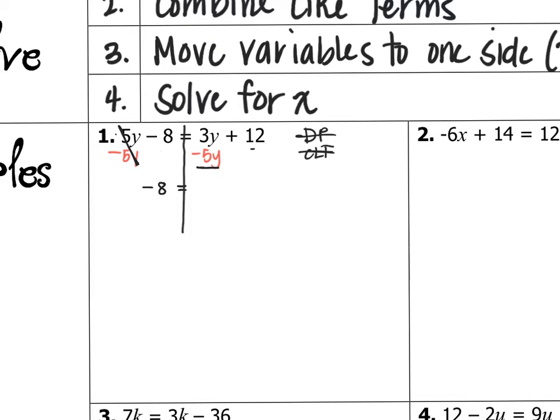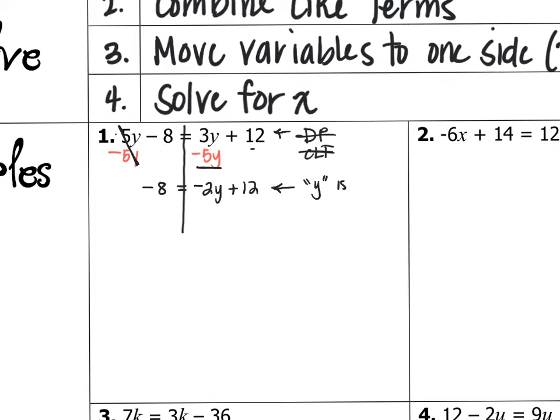That gives me a balance over here, 3 take away 5, of negative 2y plus 12. Now I have an equation that is equivalent to this equation, but with only one variable on one side.